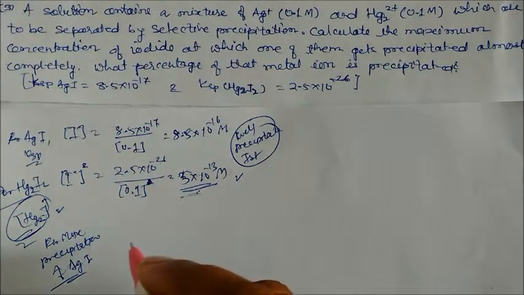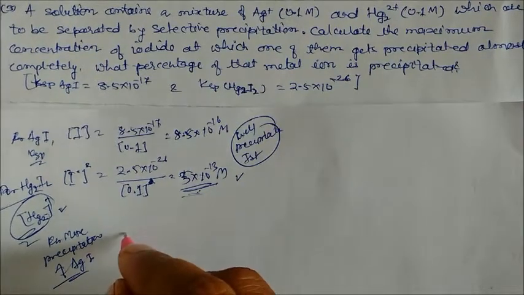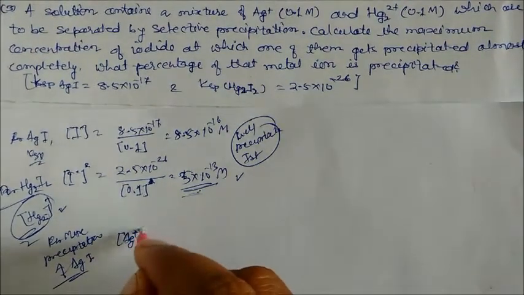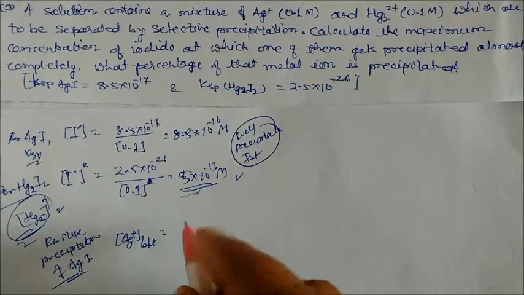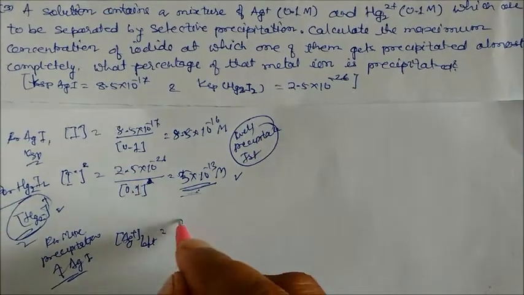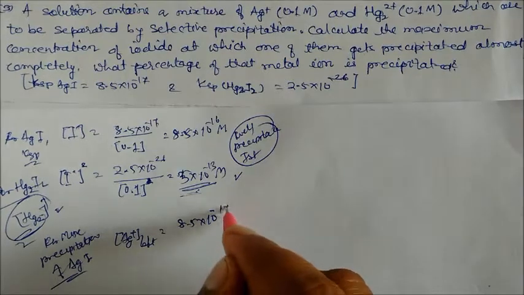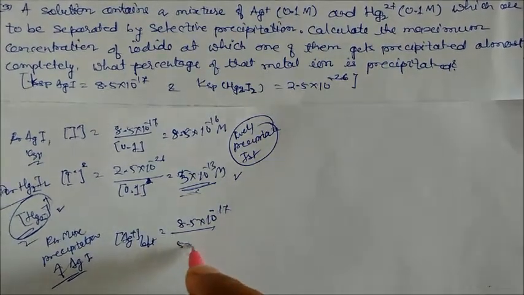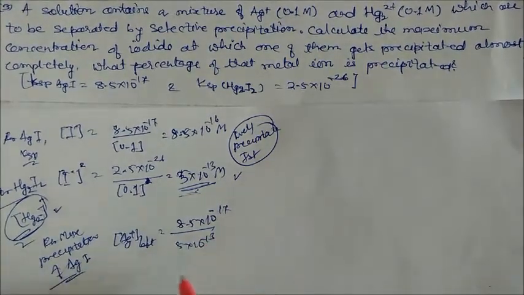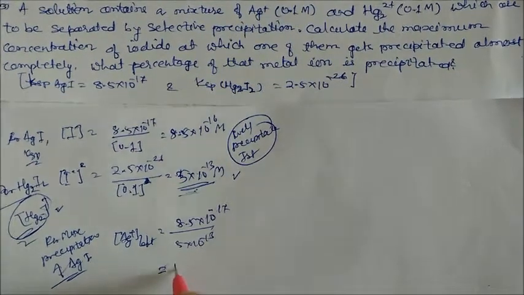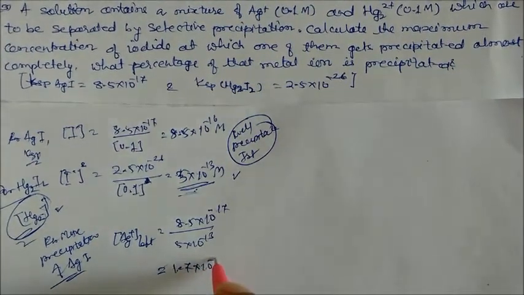So for the percentage, we write the silver left in the solution. Take the Ksp value 8.5 into 10 to the power minus 17, divided by 5 into 10 power minus 13. On solving you will get 1.7 into 10 power minus molarity.